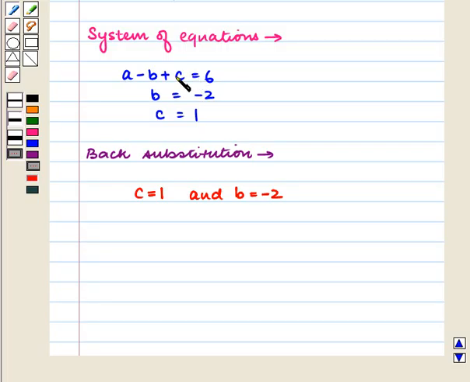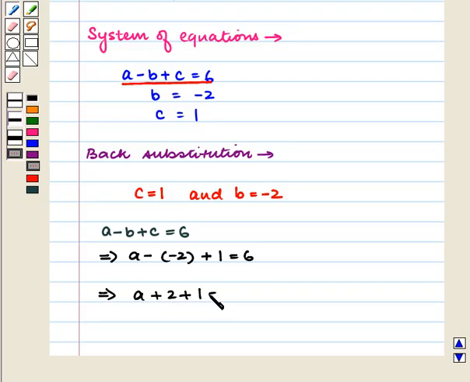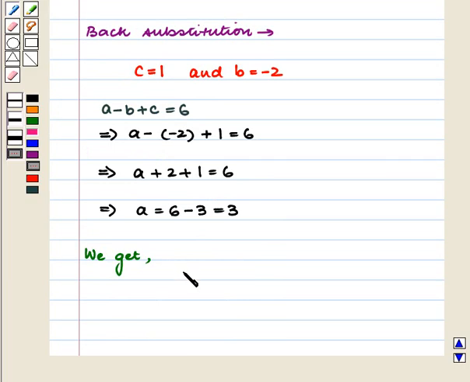We put these values in a minus b plus c equal to 6 and we get a plus 2 plus 1 is equal to 6, which implies a is equal to 6 minus 3, which is equal to 3. We get a equal to 3, b equal to -2 and c equal to 1.